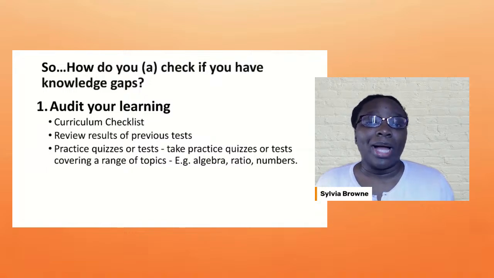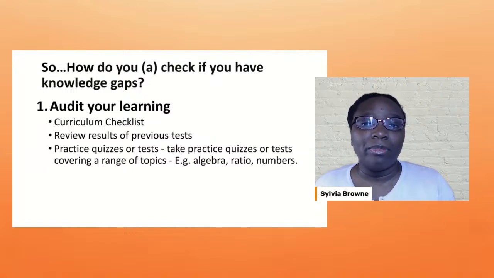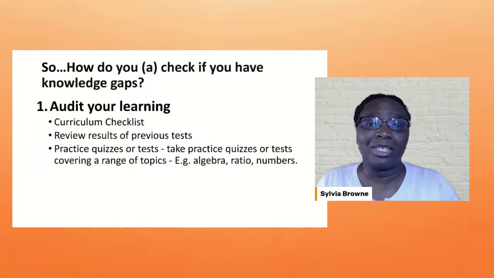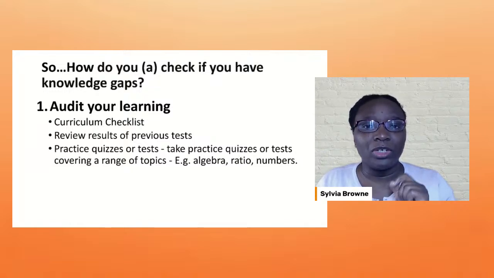They can also, at home, in their own time, do practice quizzes and tests, right? So by doing practice quizzes and tests, if you've finished a unit, you can just flip through your book. There are lots of sort of mini tests, mini practice questions that you can do there. And then from doing so, you can start to identify, oh, these are the areas that I'm not good at.